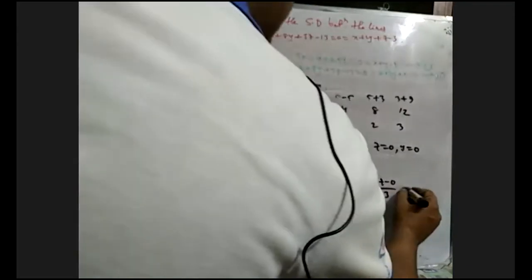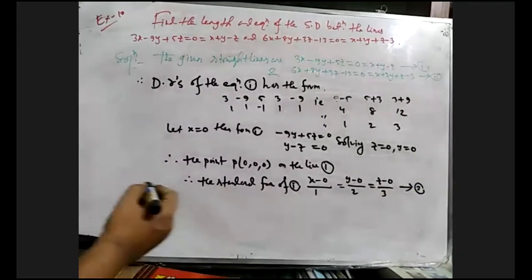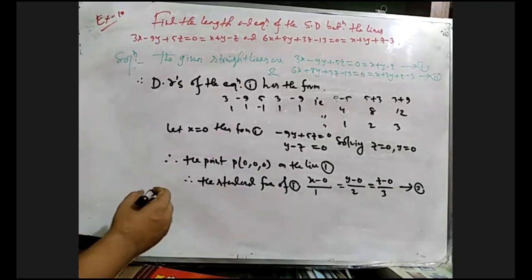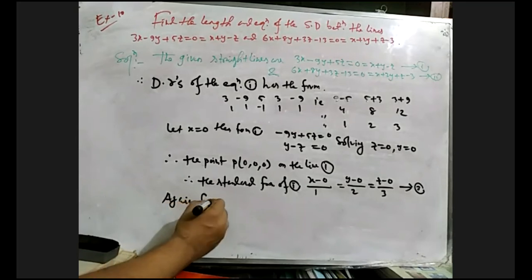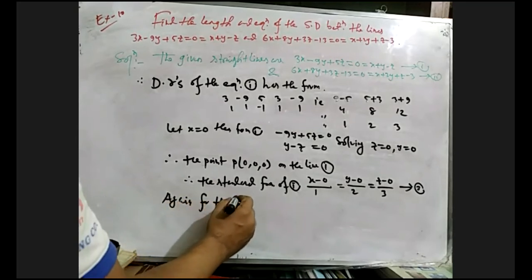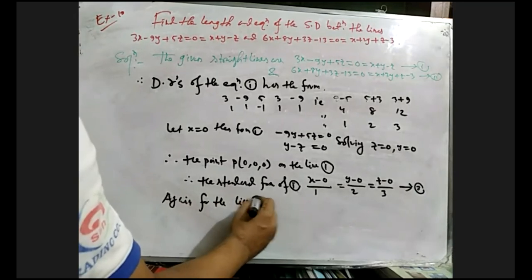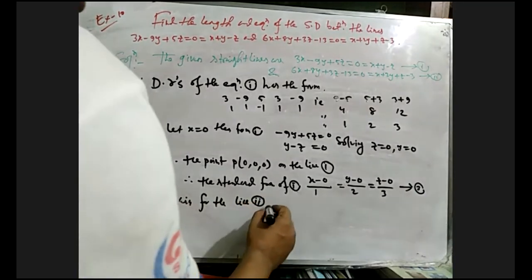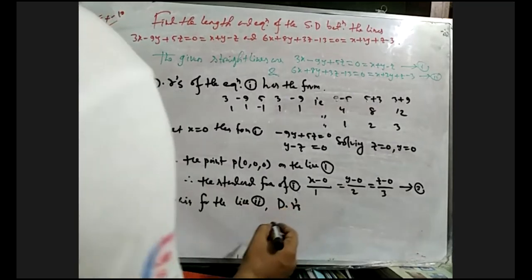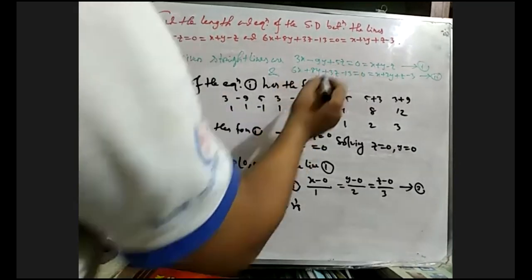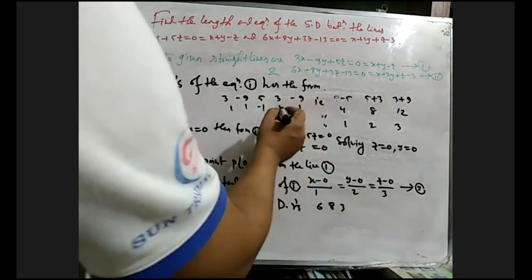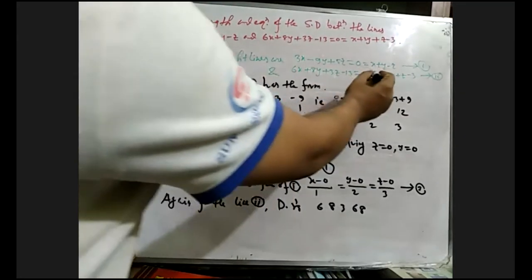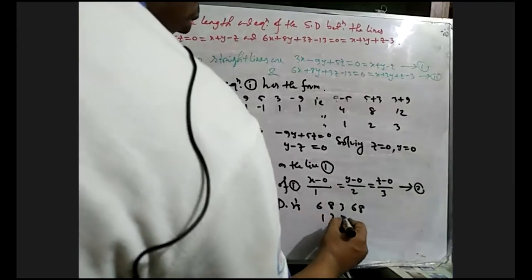And this is equation number 3. Again, for line 2, direction ratios will be 6, 8, 3 and 1, 2, 1.